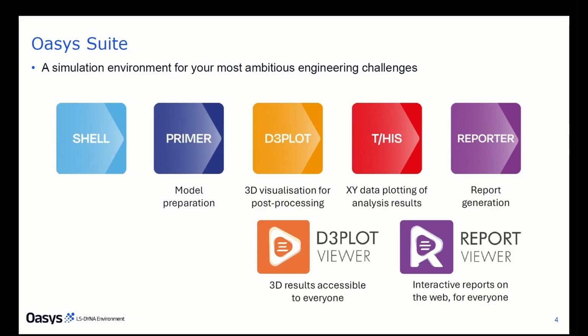After we get our results back, we go to D3PLOT and T-His for post-processing of our results. And finally, Oasys Reporter sits at the end, whereby if you're going to generate reports, especially in batch mode, it allows you to work seamlessly with the rest of the Oasys suite to get this sorted.